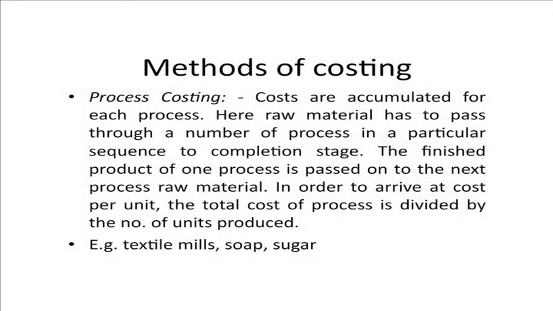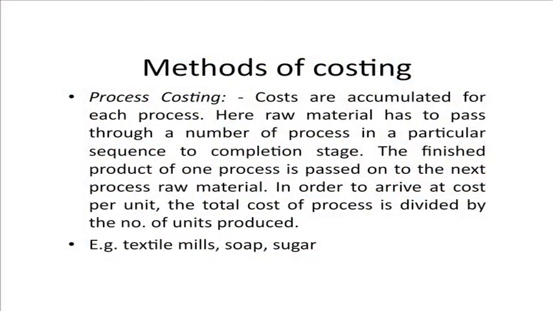Under process costing, there could be a number of processes which need to be undertaken for the manufacturing of any final product. So, if a product is being manufactured, it will go through process 1, process 2 and process 3 to take up a final shape. Under process 1 there will be certain material, labor and overheads incurred, that will be added, and then based on how many units are generated, we will ascertain the cost per unit for that first process.